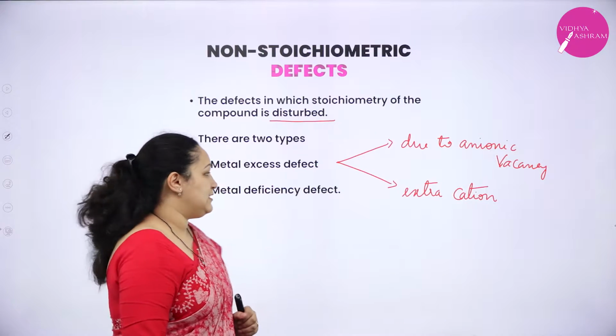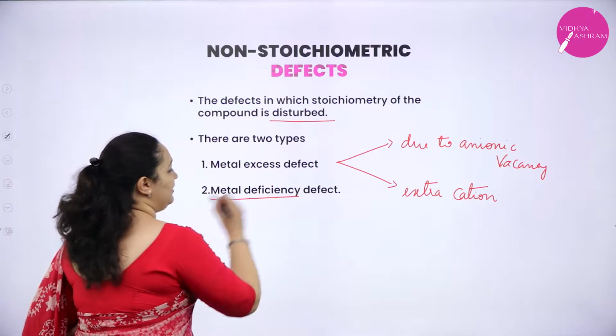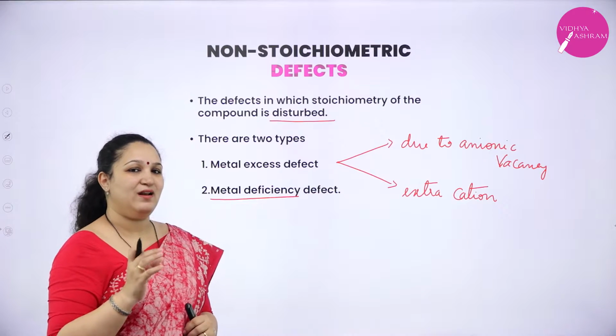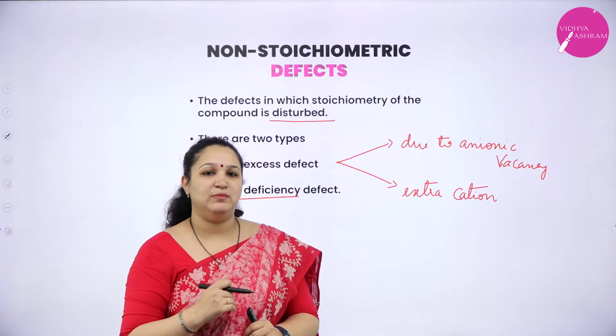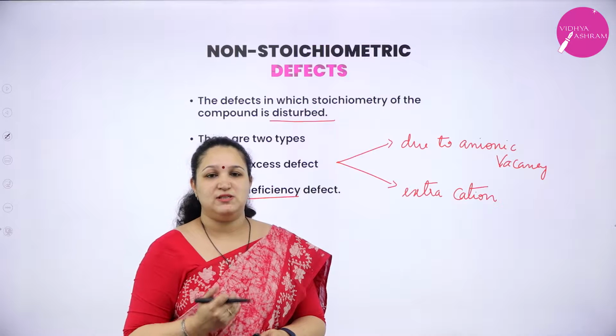So that is the first type. Second type is metal deficiency defect. That means the metal ions are lesser in number, then we call them metal deficiency defect.